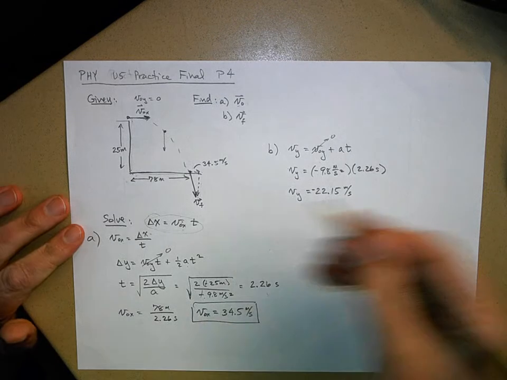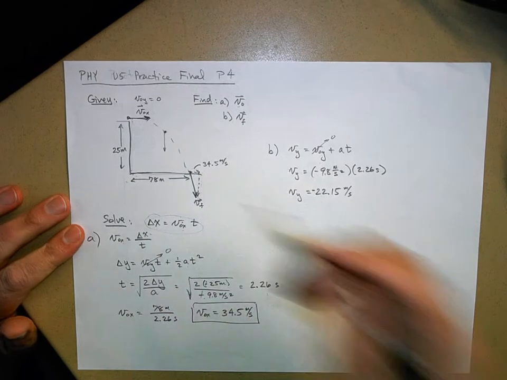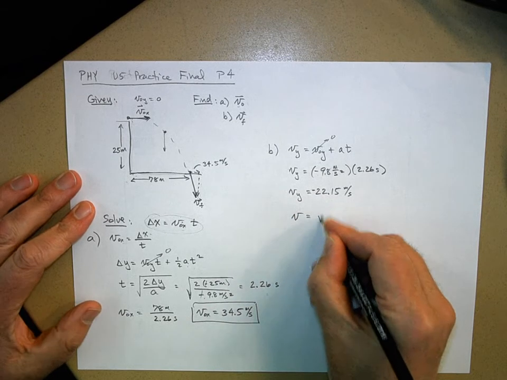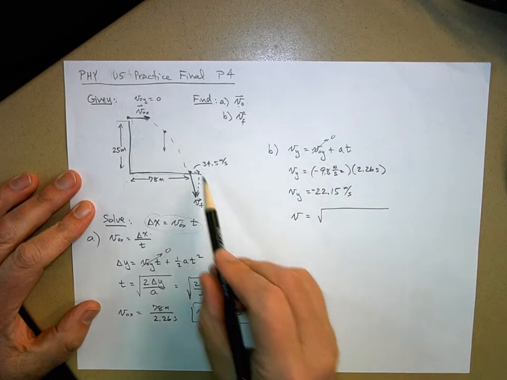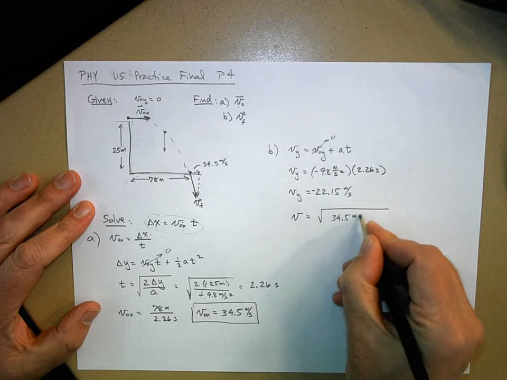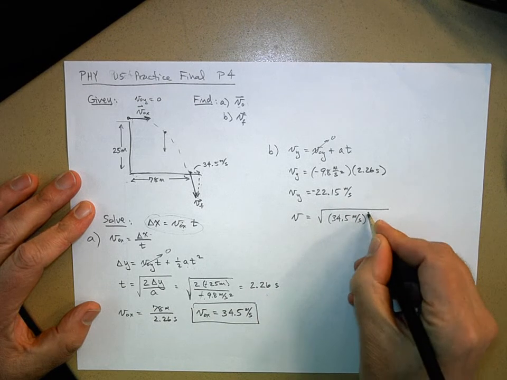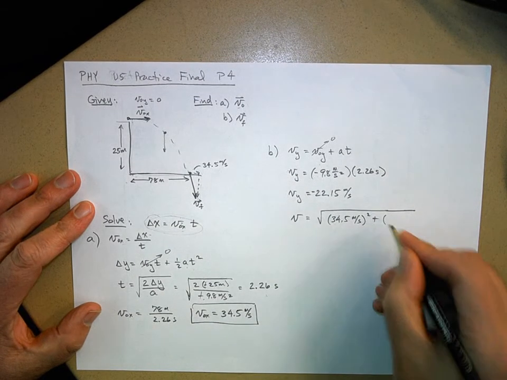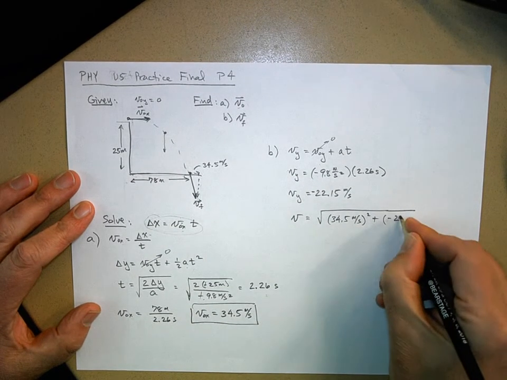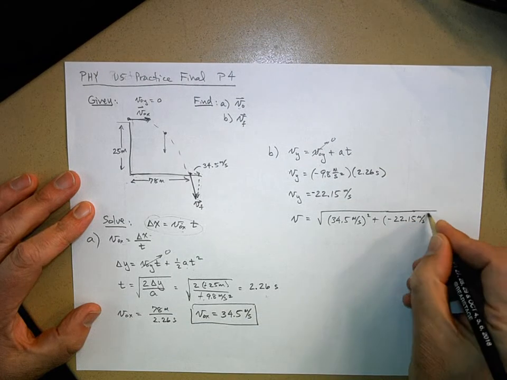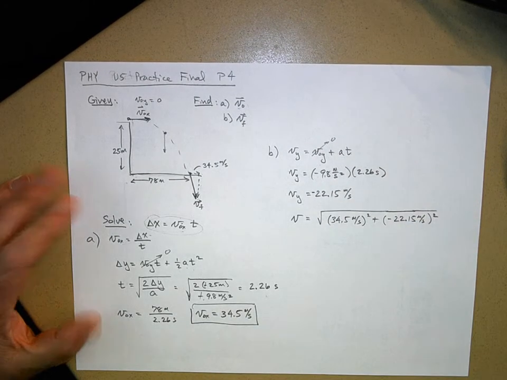Well, now that I've got the x component and the y component, I can figure out the magnitude of the final velocity by taking the x component and the y component, which we just calculated. Now the negative isn't really necessary because it's getting squared.